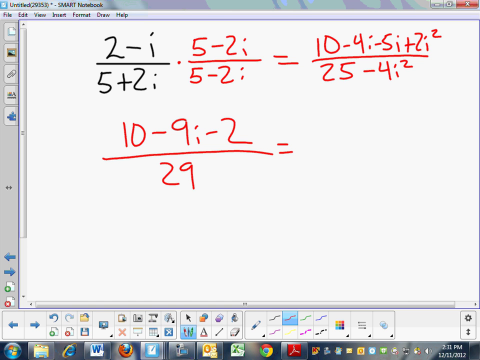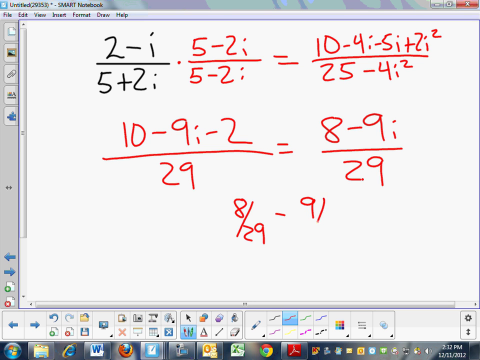Almost done here. I have 10 minus 2 is 8, minus 9i over 29. Can I leave it in that form? No. So I divide each part by the denominator. I have 8 over 29 minus 9 over 29i. Real part and imaginary part.